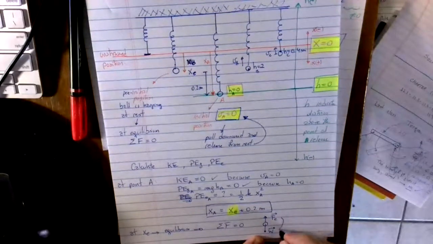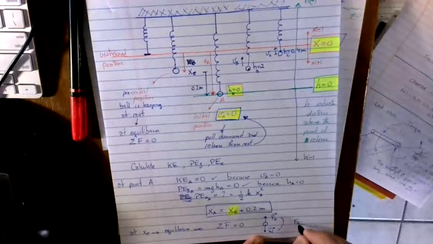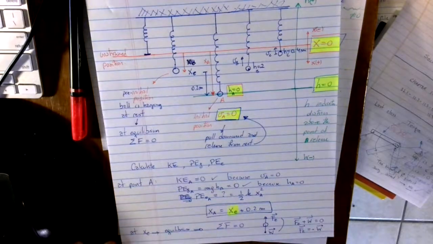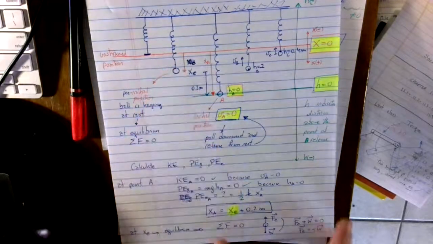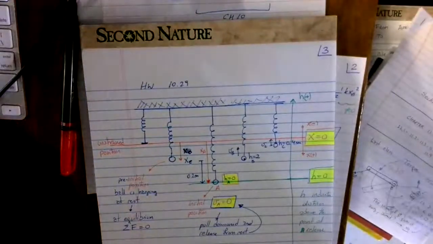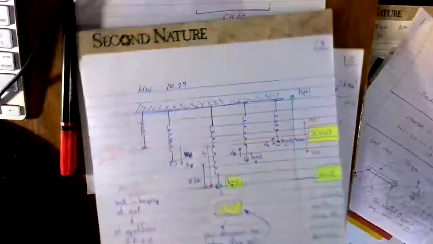These two have to be equal and opposite. So Fe plus the weight is zero, which means that Fe in vectors is minus the weight. That's the equilibrium situation, only at this particular point, and that's what you can use to calculate the value of Xe.